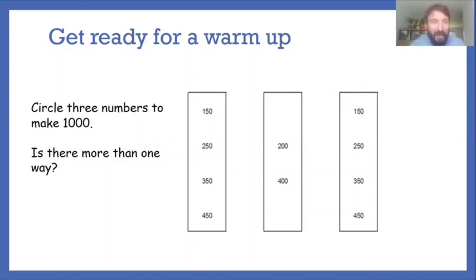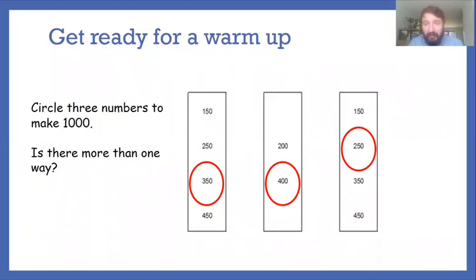Okay, so you're back, and I know you're year 6 great mathematicians, so a problem like this shouldn't be a problem for you. So let's have a look. I've gone for 350, add 400 would give us 750. 750, what do I need to add up to 1,000?